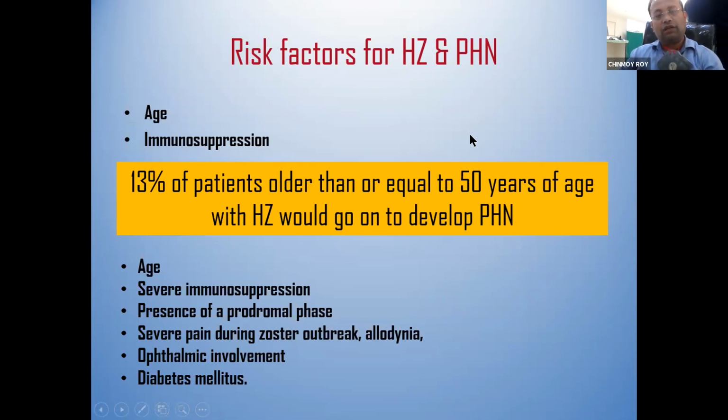Our immune system clears the virus from the blood, but some virus lays dormant in the ganglia until a time comes when there is immunosuppression.